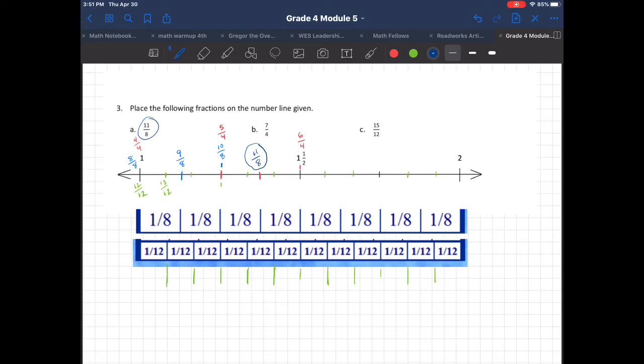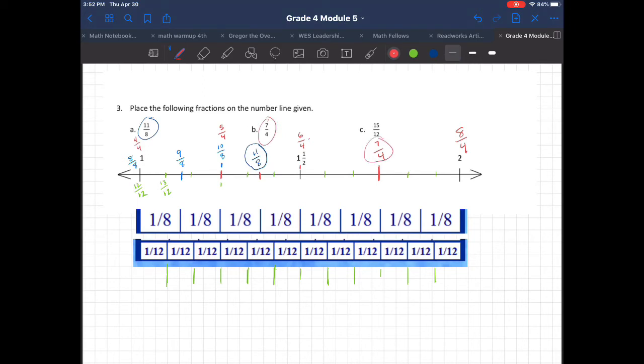And then we want 7/4. So let's see, here is 6/4. So my next fourth would be 2 of the eighths, right? So there is 7/4. Of course, 8/4 would be here. That's the same as 2. So now we have found 7/4.